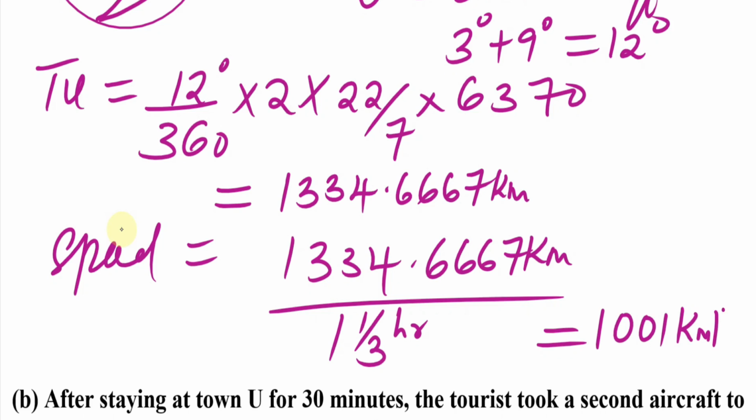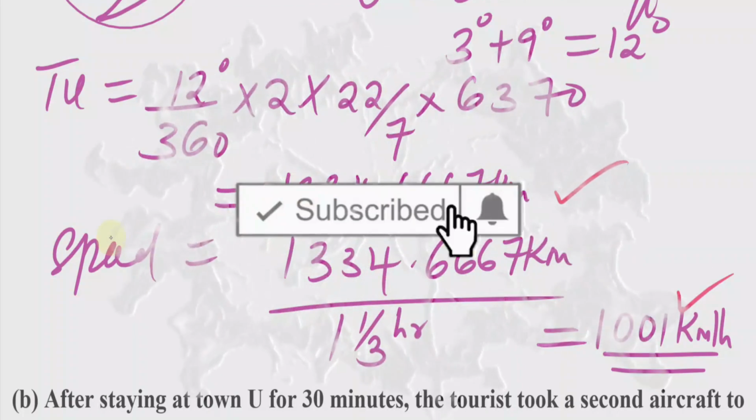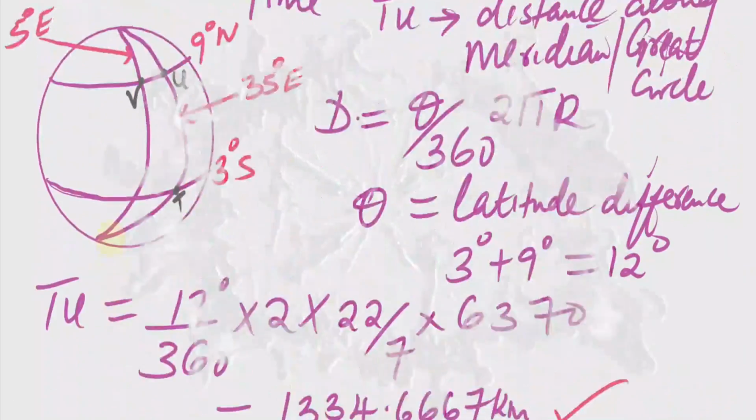So that is how you are supposed to do that part of the question, by simply getting the distance and the time you are given. 1 hour 20 minutes is equivalent to 1 1/3 hours.